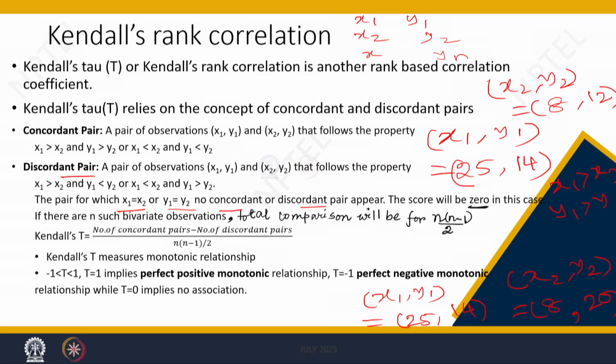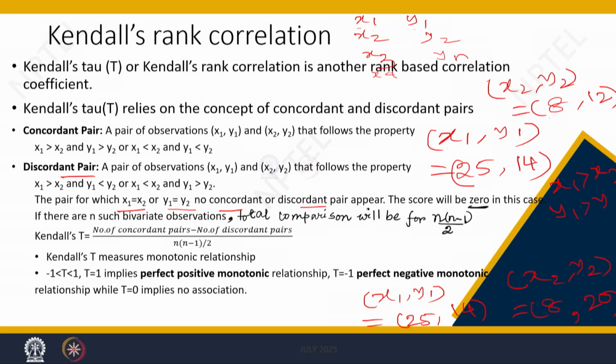You have to check like this: x1 greater than x2, does it imply y1 greater than y2 or y1 less than y2? Then think about the pair x1 y1, x3 y3, then x4 y4, up to xn yn. So for every pair we are making the decision: well, x1 is bigger than x3, does it imply y1 bigger than y3?